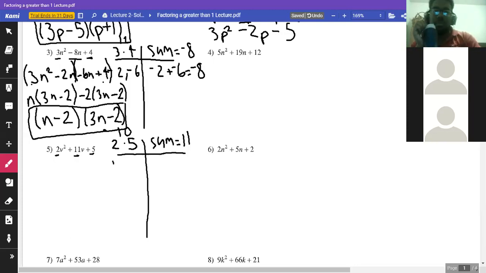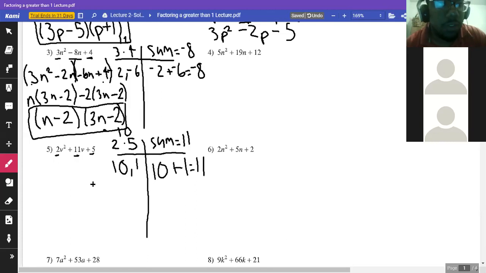Perfect. Okay, so then we're going to break apart our 11b using 10 and 1.